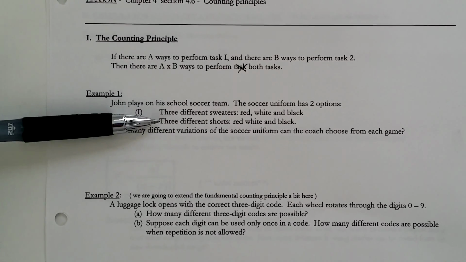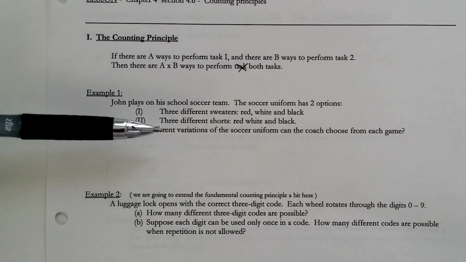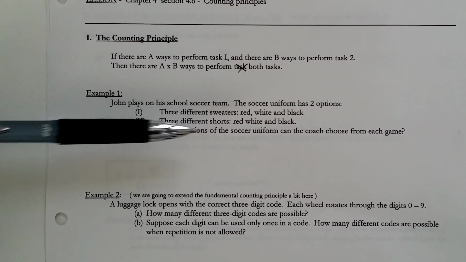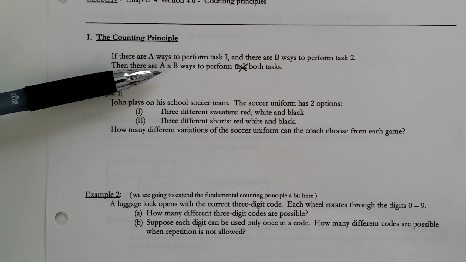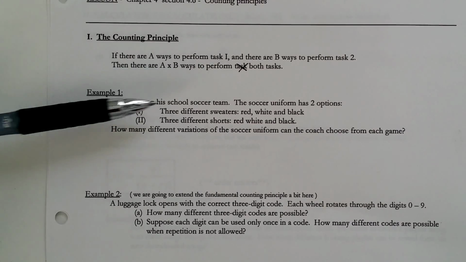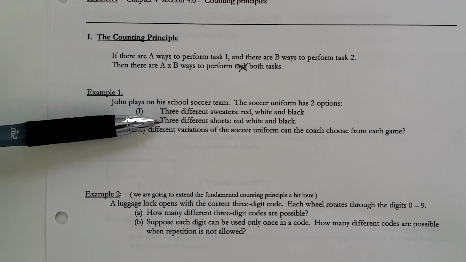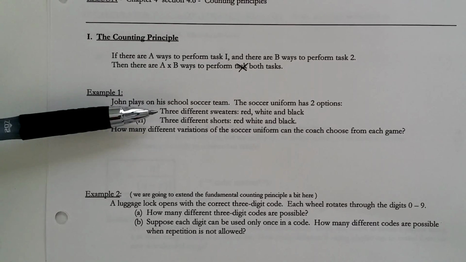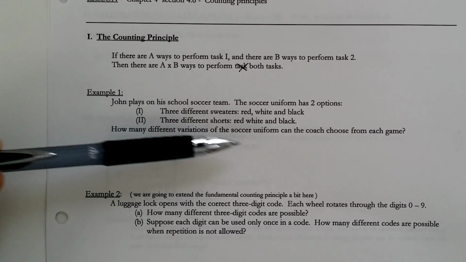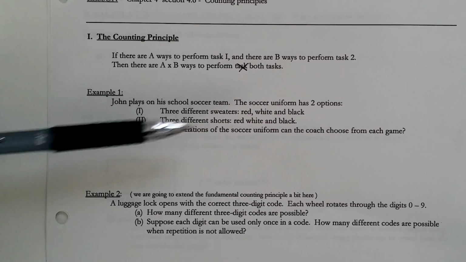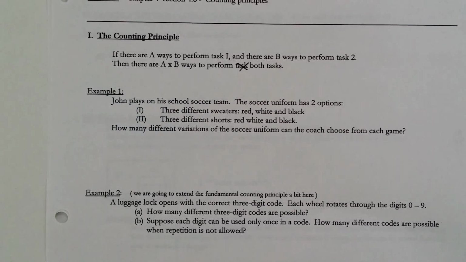And there's also 3 ways to choose task number 2, which is the short. So the counting principle says there's a total of A times B. A is 3 in the first case, B is also 3 in the second case. So together there's 9 ways to choose these combinations of color for the sweater and color for the short.